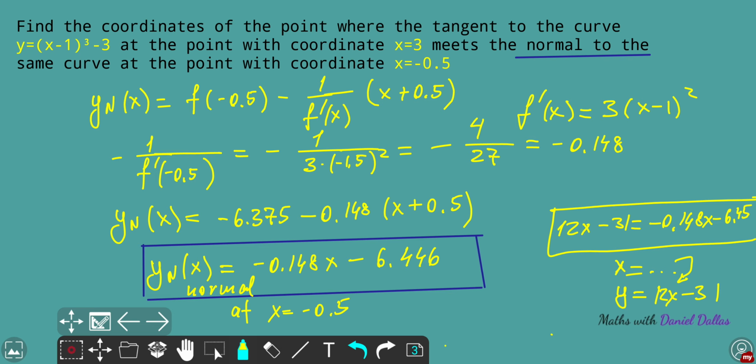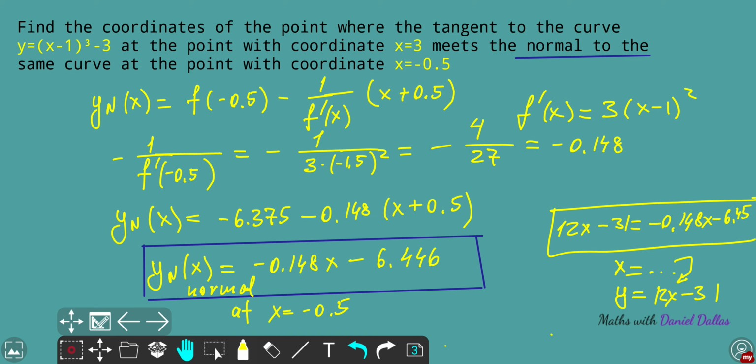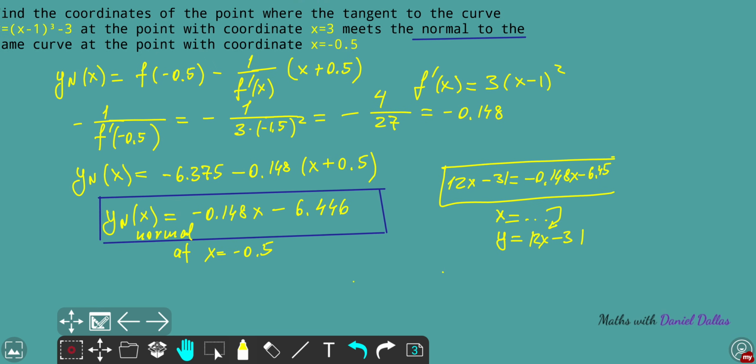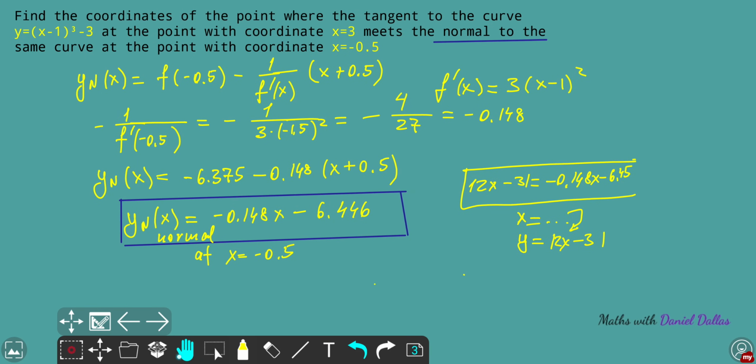Okay, but let's do it quick. So we need to solve that, and what I'm going to do, I'm just going to write that 12.48x is going to be equal to 31 minus 6.45 around. So this is going to be 24.55.